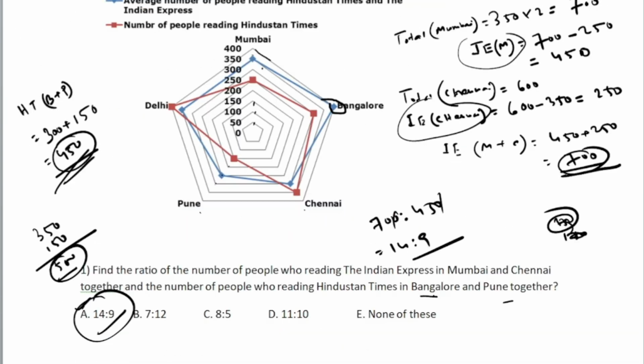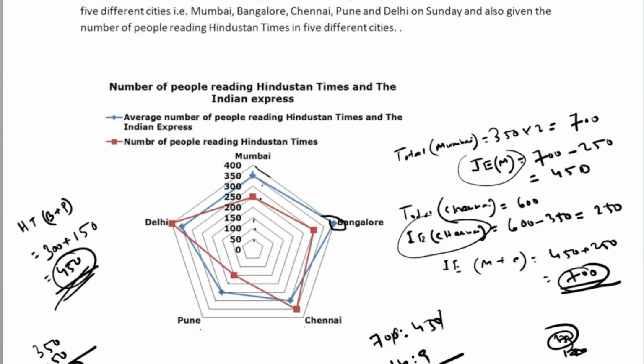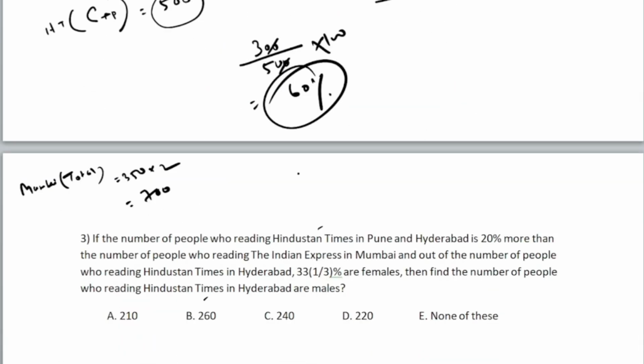But in Mumbai हिंदुस्तान टाइम्स पढ़ने वाला लोग कितने हैं, 250 है. सो 700 minus 250 is in मुंबई इंडियन एक्सप्रेस पढ़ने वाले लोग, ये है 450. लोग इंडियन एक्सप्रेस पढ़ रहे हैं मुंबई में.